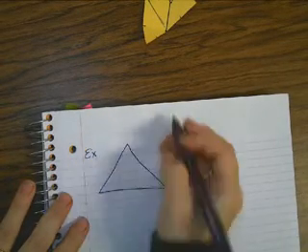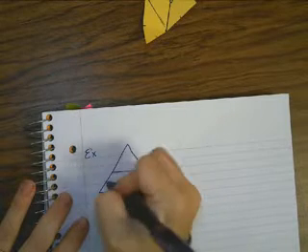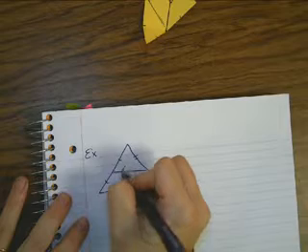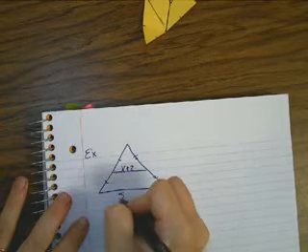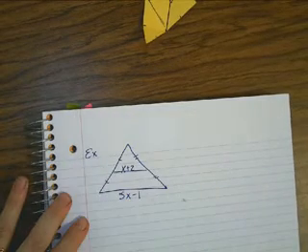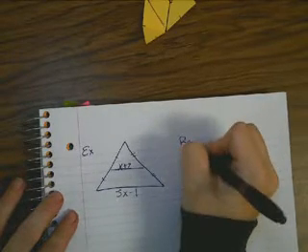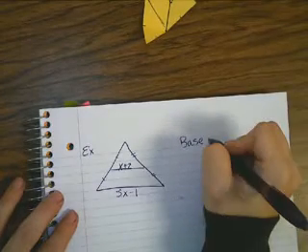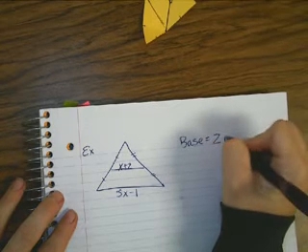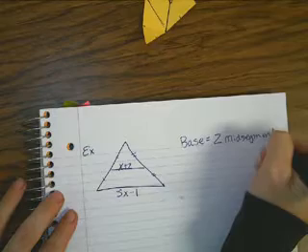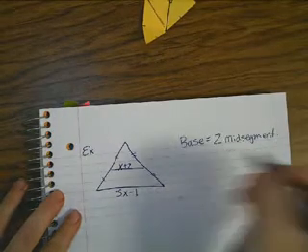Let's say this is x plus 2, and that's 5x minus 1, and I want to find x. Again, use the formula, use the theorem. My base is equal to 2 times the midsegment. Right? My base is 5x minus 1, and my midsegment is x plus 2.